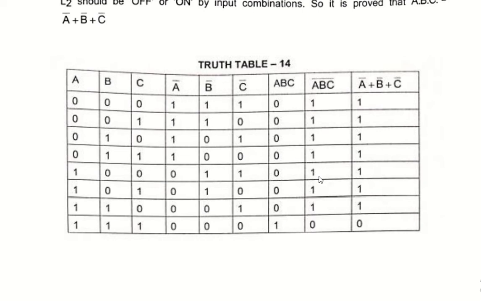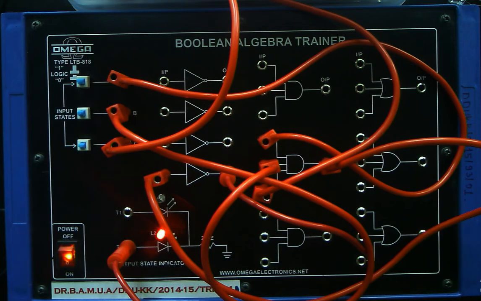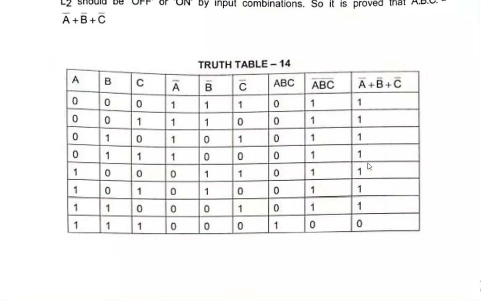You can see all the inputs are high, the output is low. For any other condition, the output is high. So you have already seen that. So this is proving this particular column, the last but one column, where the AND operation has been performed on A, B and C, and negation has been done. So we have seen that it is valid.